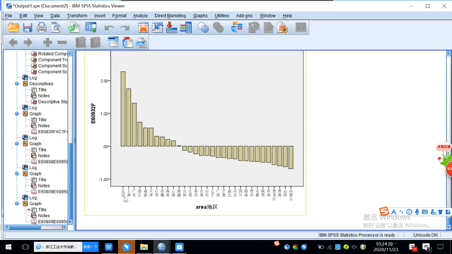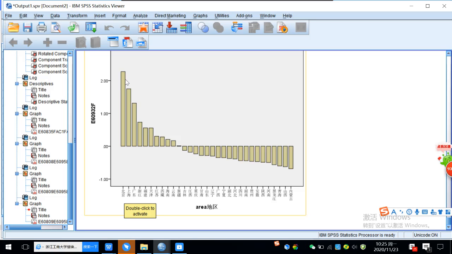So you can see Beijing, Shanghai, Guangdong, Zhejiang, Fujian, Tianjin, Jiangsu, Tibet, Hainan, Yunnan, Xinjiang. Look at here, Xinjiang is at the average level. And here, these provinces, their income is higher than the average level.